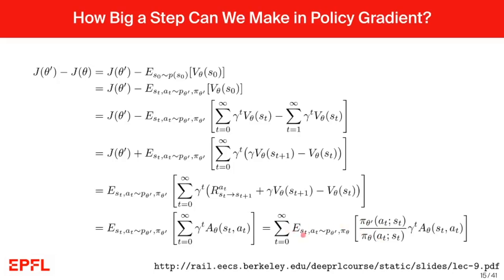So when you write out the expectation, what you will see is that you multiply pi theta with pi theta prime divided by pi theta, and the two pi thetas just cancel out again. So nothing happened again in this step here.